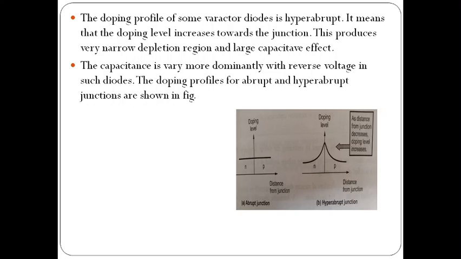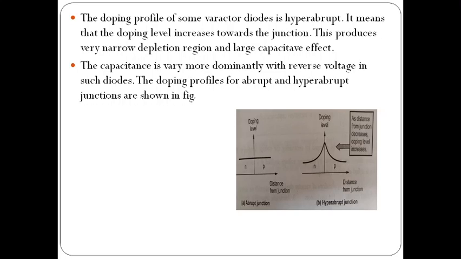This produces a very narrow depletion region and larger capacitive effect. We know in a normal PN junction the doping profile is constant throughout the P and N region, so it is called an abrupt junction.